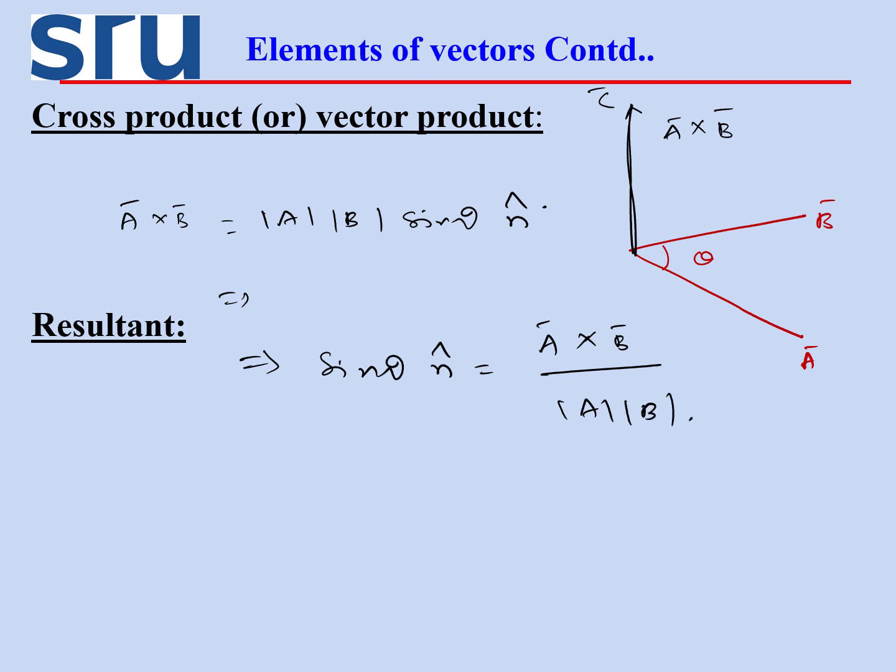So how can we determine A cross B? For example, consider the A vector equals AX i plus AY j in two dimensions. B vector equals BX i plus BY j. So A cross B is equal to the determinant with i, j.